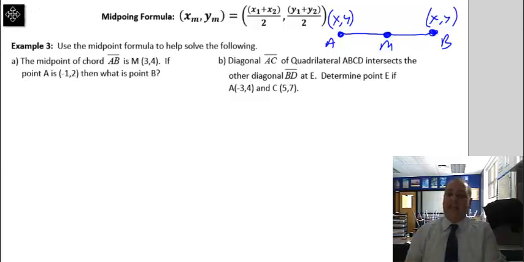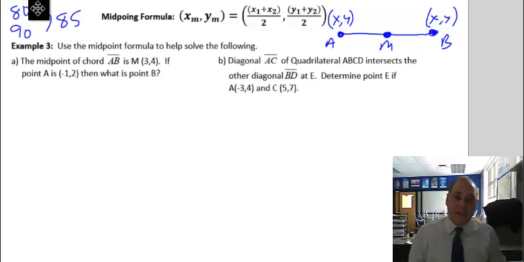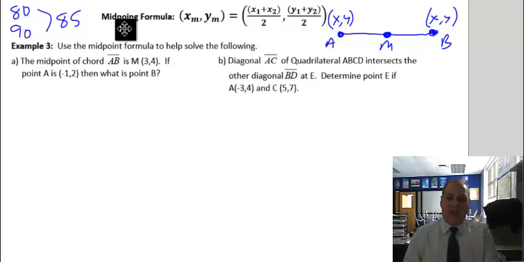If you got an 80 on a quiz and then you got a 90, your average is 85, right? Because it's right in the middle of 80 and 90. So you can add 80 and 90 and divide by 2 and you'll get 85, all right? You guys should know that. So the same thing, that's what a midpoint is. It's an average. Average of the x's and average of the y's.